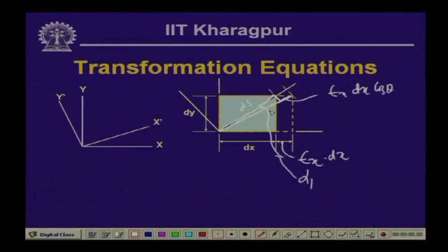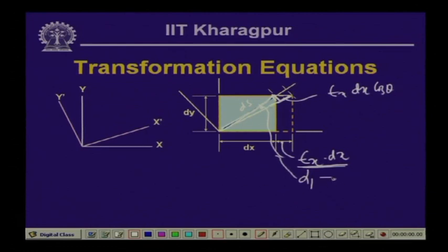Alpha 1 can be given as this divided by this distance. This particular length is nothing but the extension, epsilon x dx times sin theta.